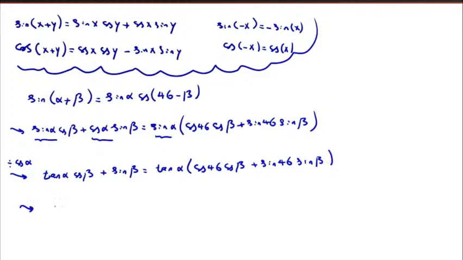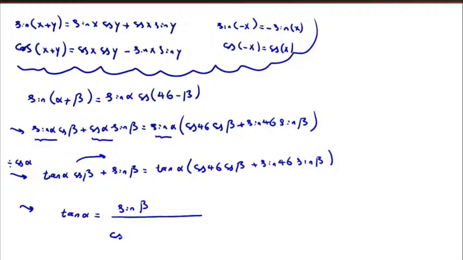Now in the next step, if I want to calculate tangent alpha, I can rearrange them, take it to the right hand side and then factor out tangent alpha. Then it will be sine beta over this coefficient minus this coefficient.